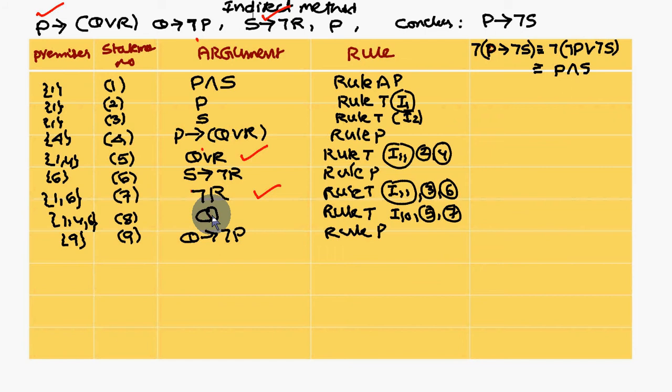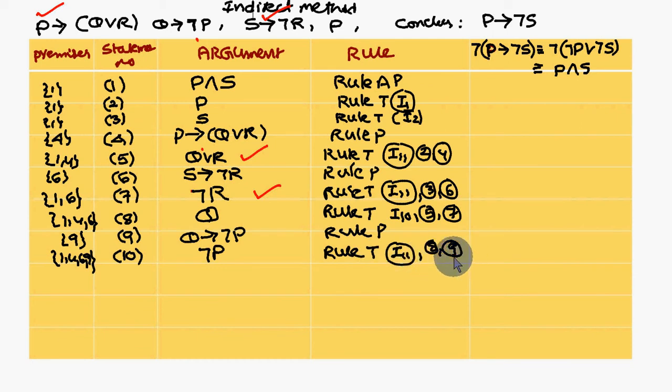So next Q conditional not P I am introducing as rule P. If you mix the 8th and 9th statements, you come across not P. Derived, that's why rule T, I11, 8 and 9 statements combined. Okay. Next, Q and not P also completed.